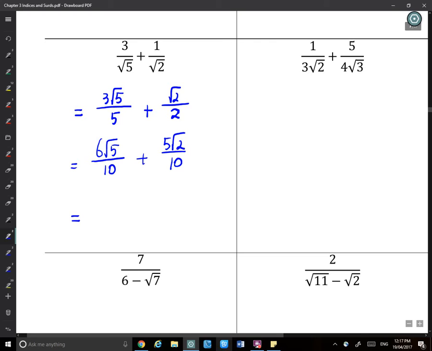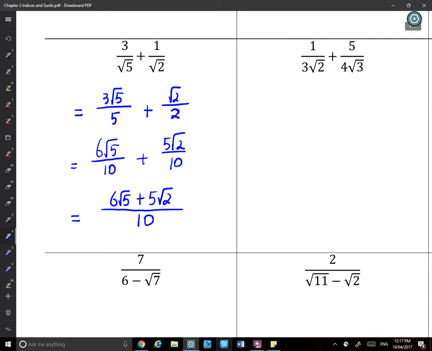Now I have the same denominator and can add the numerators over 10. But root 5 and root 2 are not like terms, so they cannot be added together. So that is the final answer.